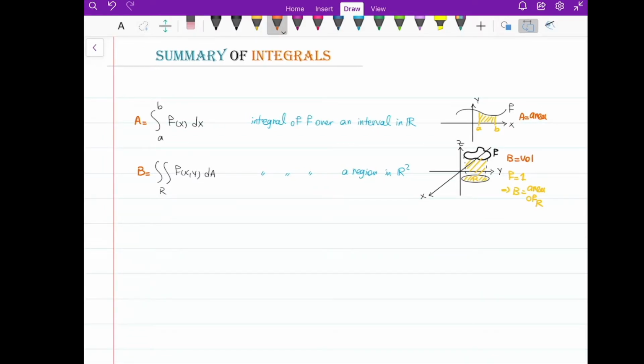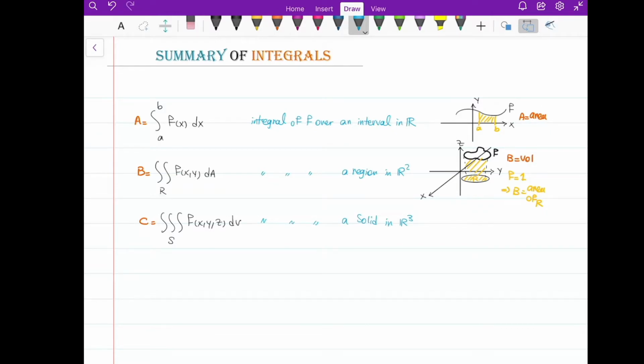Then we studied triple integrals, which is the triple integral of a function of three variables, dV, over a solid S. It's the integral of a function f over a solid in R3.